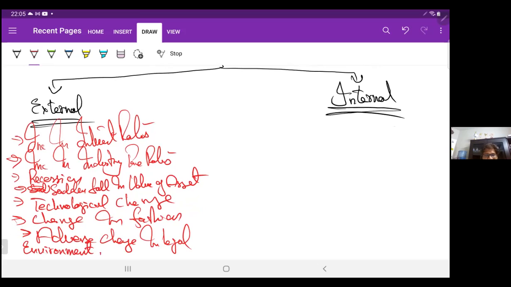Now internal indicators. What are the internal indicators?